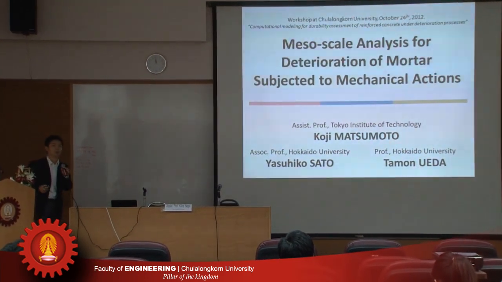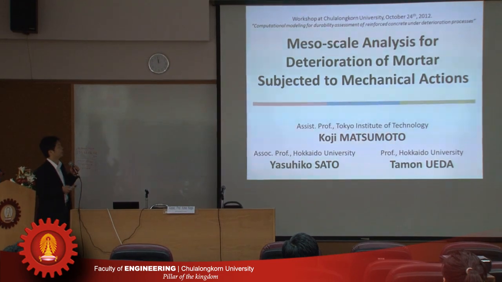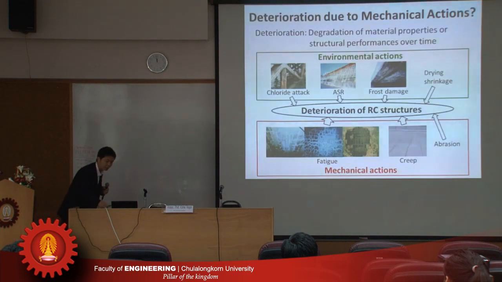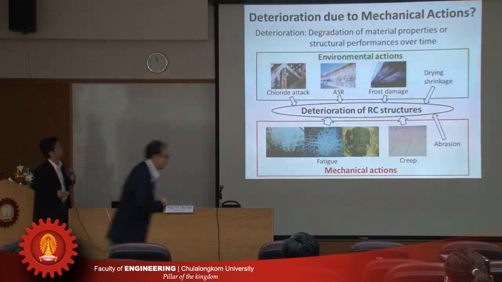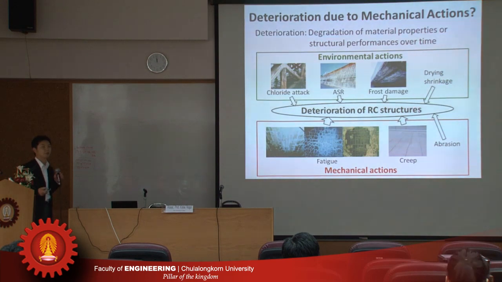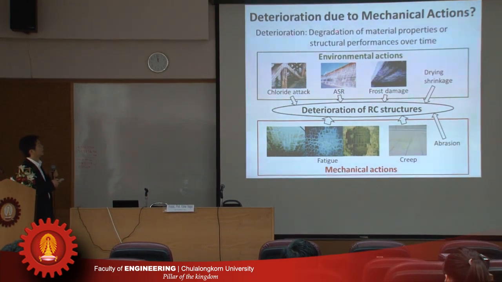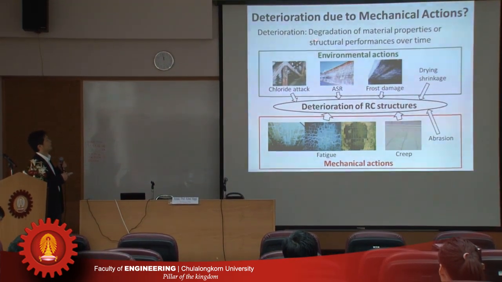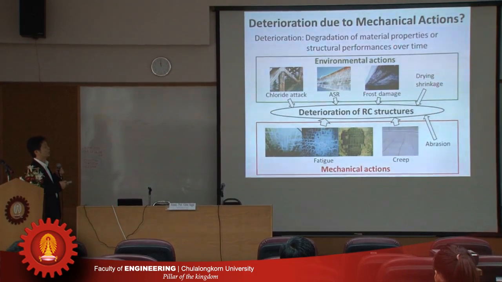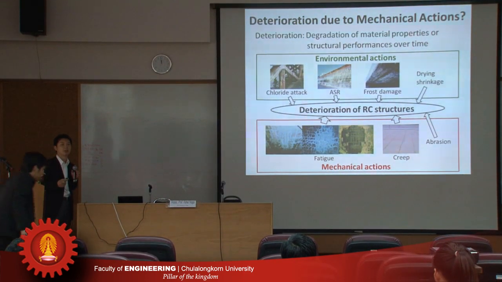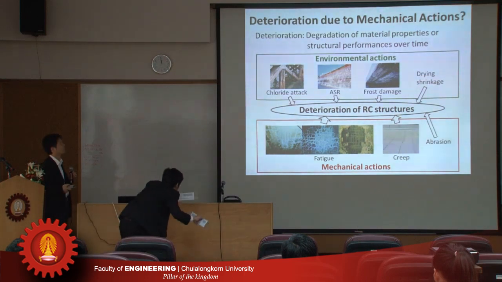Maybe most of you find it difficult to imagine what deterioration subjected to mechanical action is. So firstly, I would like to explain deterioration of concrete due to mechanical actions. First of all, what is the definition of deterioration? In my opinion, deterioration is the degradation of material properties or structural performance over time, which occurs as time goes on.